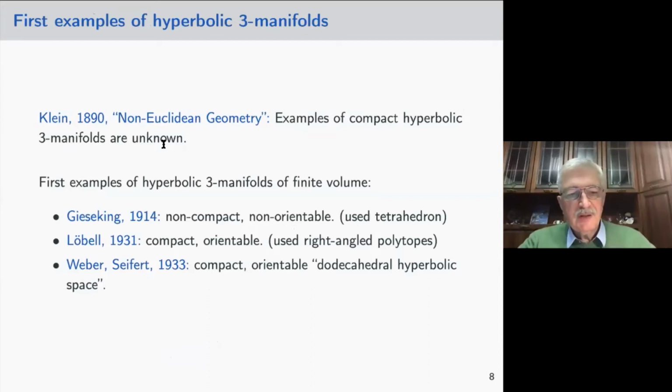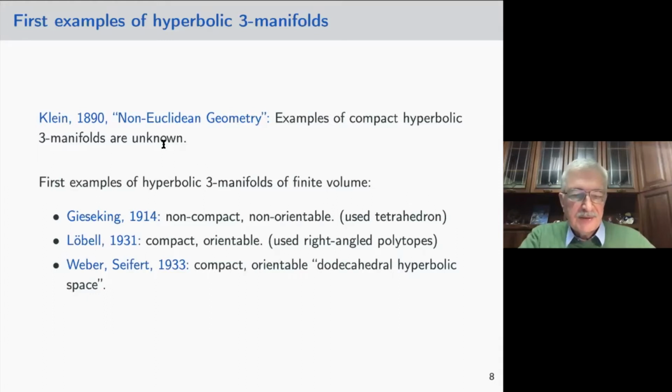If you look at Felix Klein's book, Non-Euclidean Geometry, which was published at the end of the 19th century, he mentions there that there were no examples of compact hyperbolic manifolds at that time. And the first examples appeared in the 20th century. The first example was constructed by Gieseking, a student of Max Dehn.